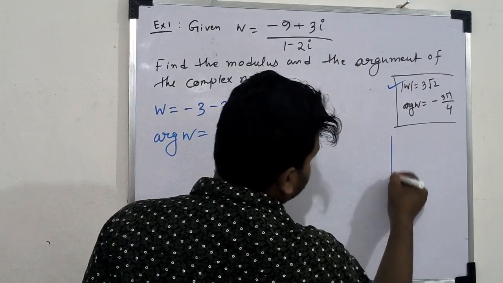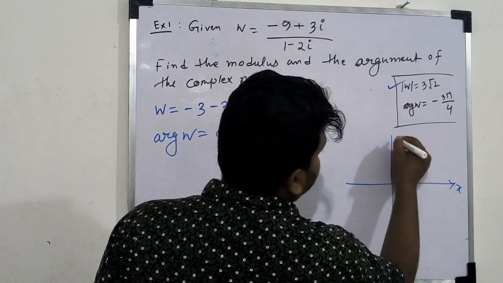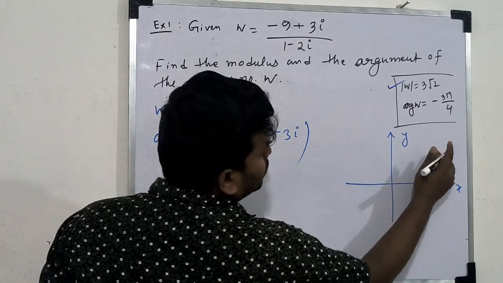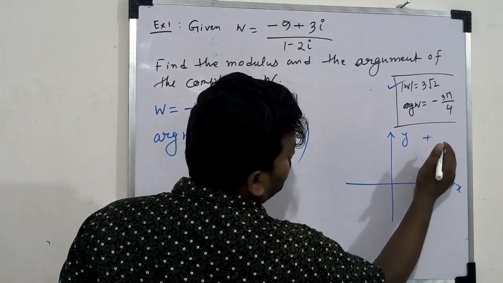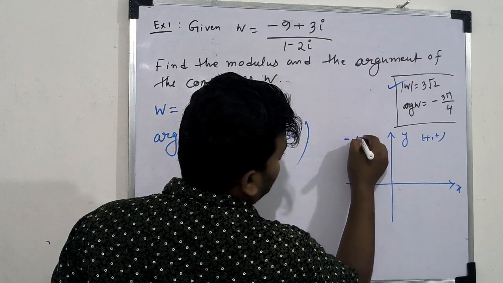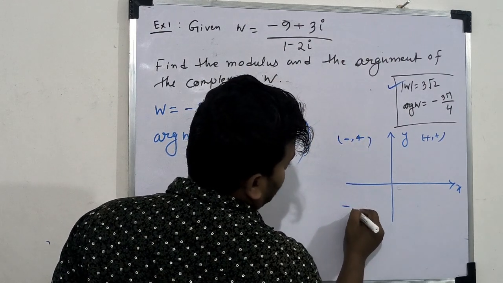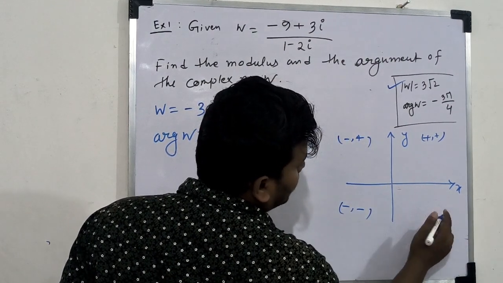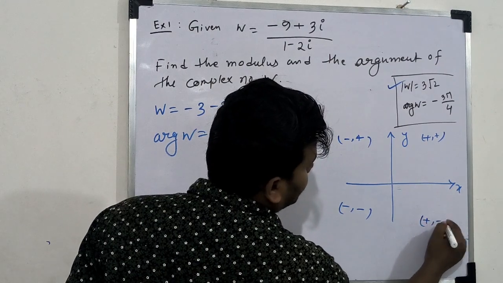So you have to know this is x, this is y. In this quadrant x plus and y plus, in this quadrant x minus y plus, here x and y both minus, and here x plus y minus.